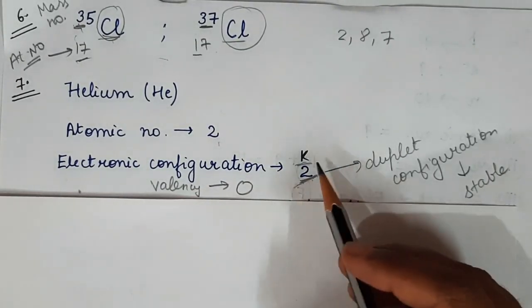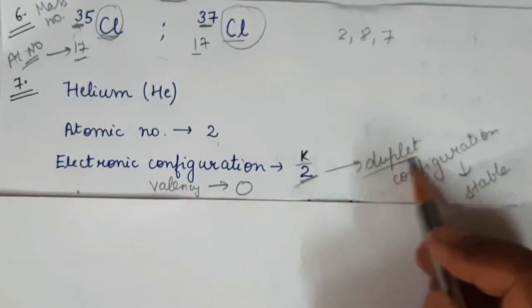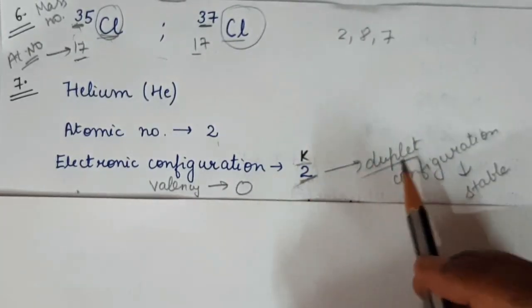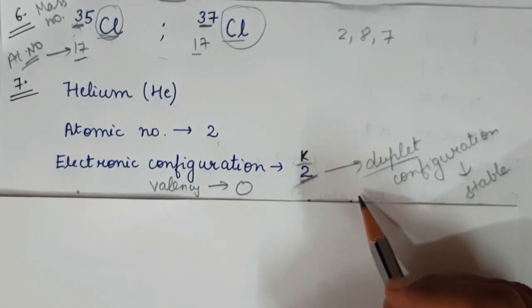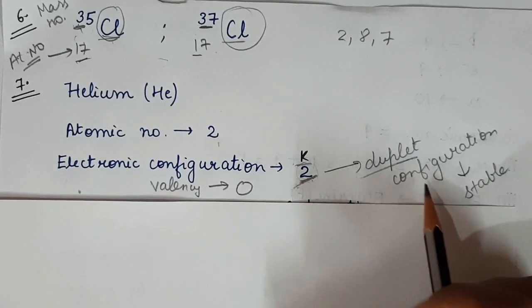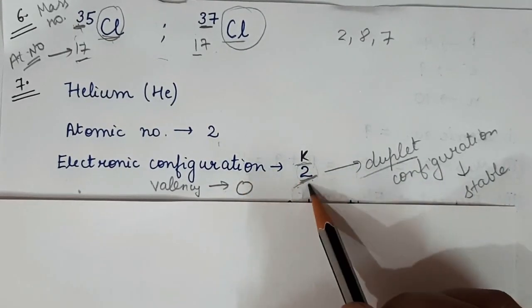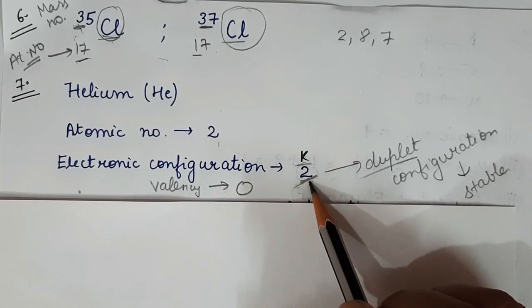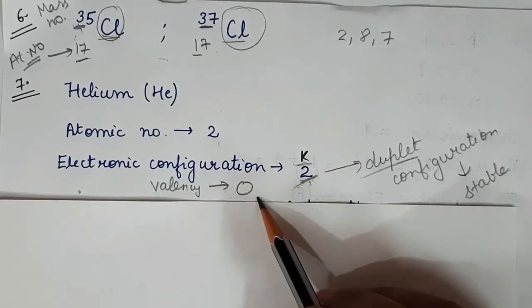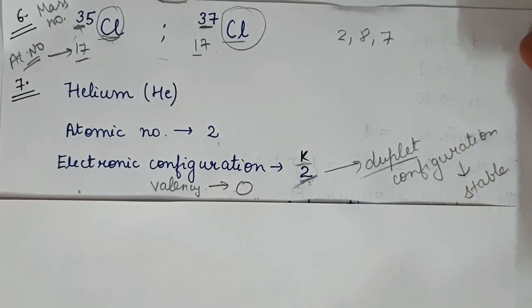I told you that the first shell should be a doublet, meaning 2 electrons, and the other shells should complete their octet. So the first shell is already a doublet, it has a stable configuration, so the valency will be 0, because it will neither gain nor lose electrons. So the valency is 0. In the question it is saying the valency is not 2. Yes, the valency is not 2, it is 0. So this is question number 7.